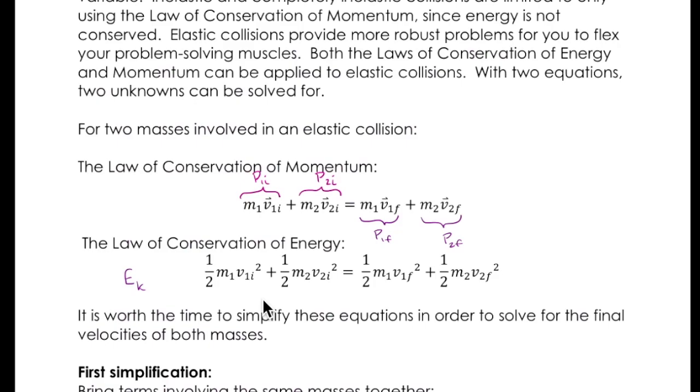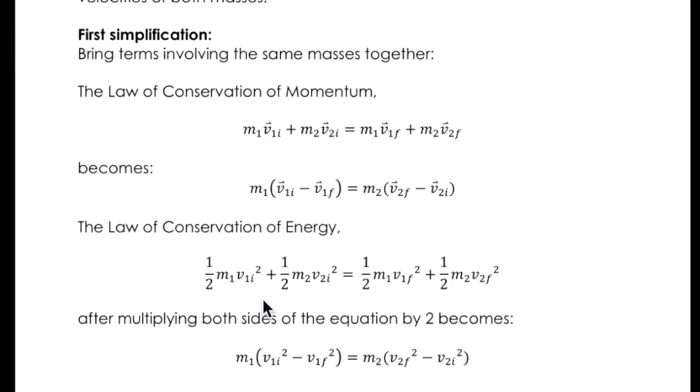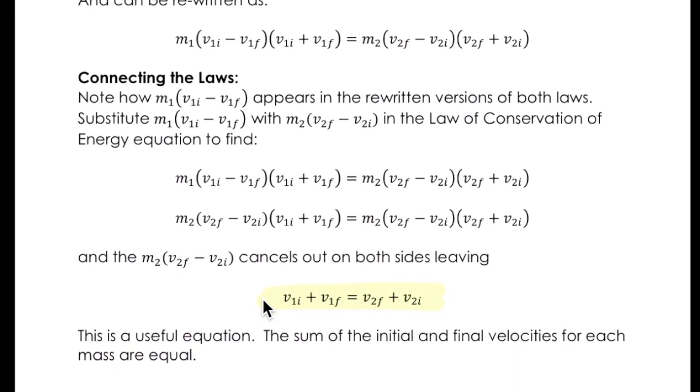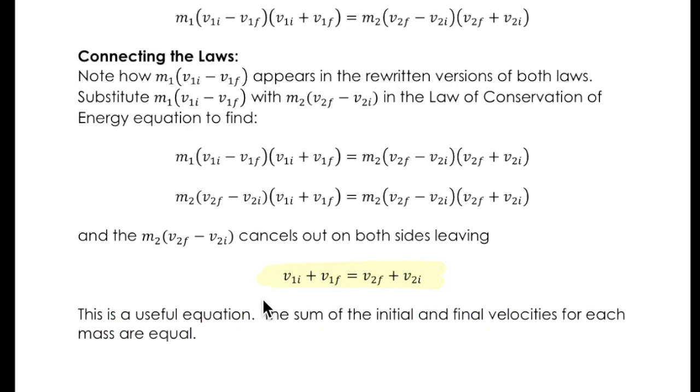These notes go through the way that we can blend them together, deriving them into the equations that we need. The key one you need to focus on for your homework is the one I have highlighted here: the initial velocity of the first object plus the final velocity of the first object is equal to the final velocity of the second object plus the initial velocity of the second object.